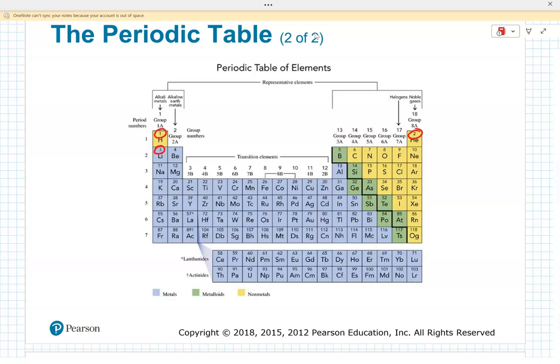And you can see that the columns have two ways to get numbered. The old way, when you have 1A, 2A, then all those B's. Does that make sense? And just simple numbering from 1 to 18.